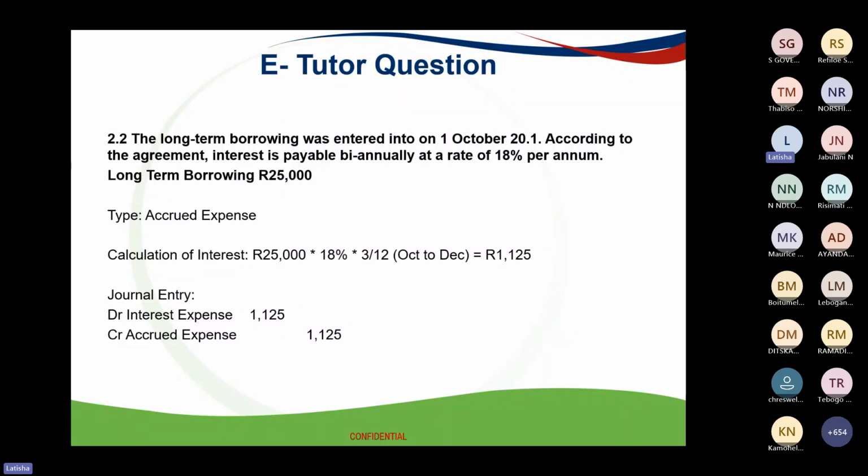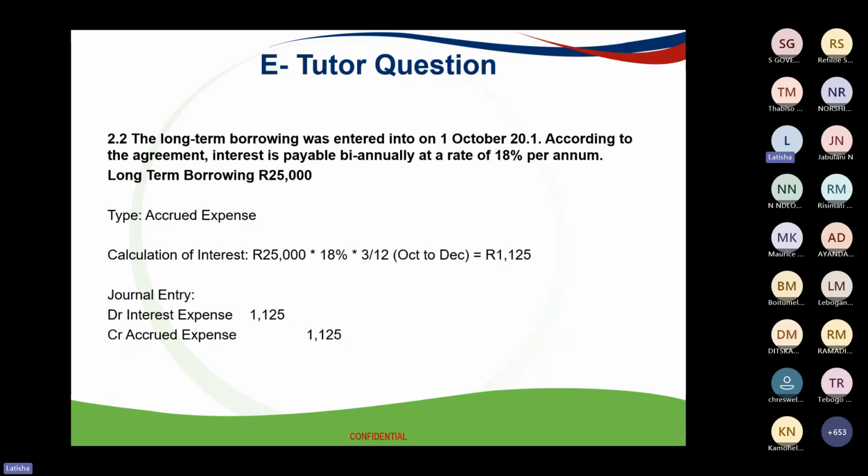So we are creating a trade payable, or a liability, on the balance sheet at year end because we have not paid it. So you debit interest expense in the income statement to say this is a cost, and that is why you're debiting the expense. But because it's not yet paid at year end and we still need to physically pay, you would credit accrued expense. And this is on the balance sheet as a liability.